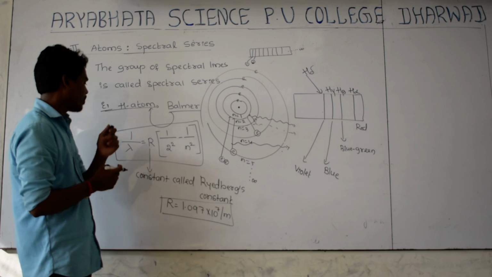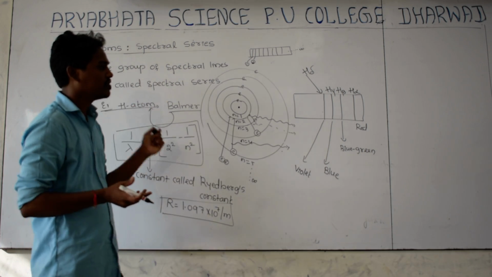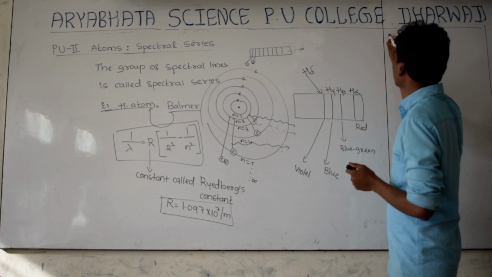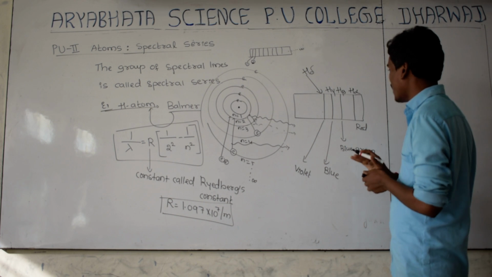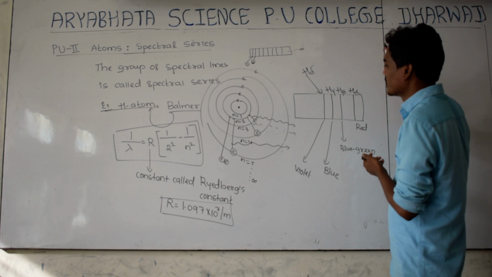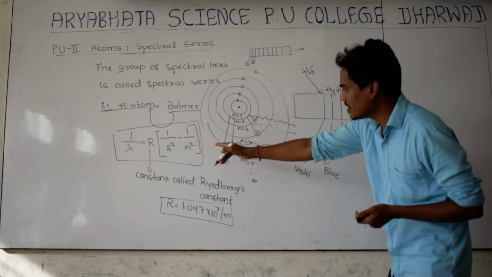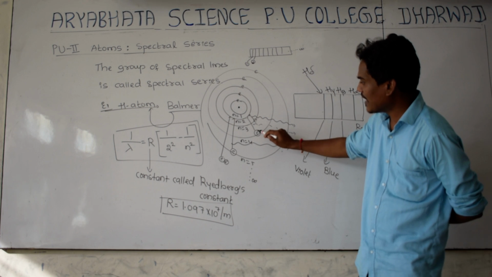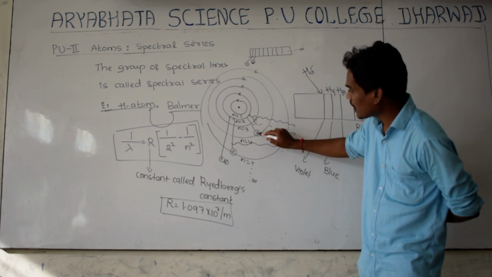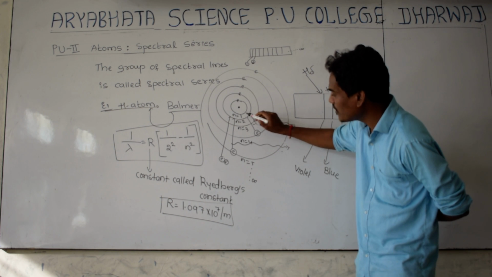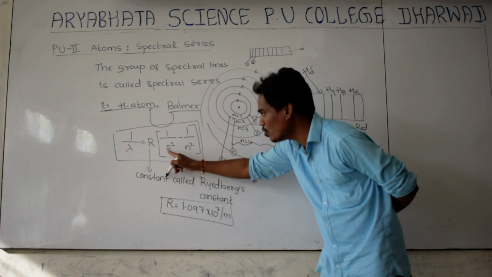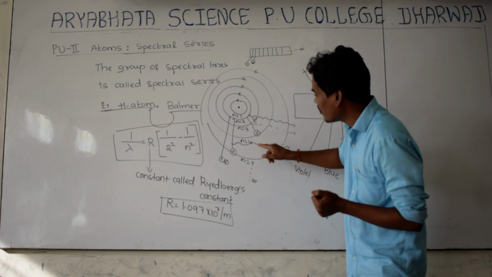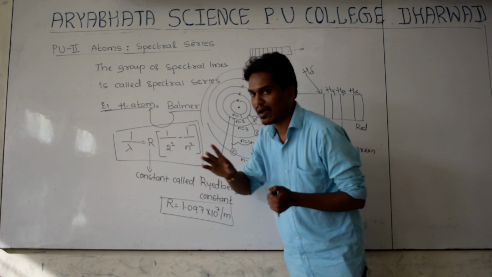And Balmer found out the values. First, he took H alpha, the red line, using this formula. Whenever the electron is jumping from the third orbit to the second orbit, take n1 equal to 2 and n2 equal to 3, and find out the value of lambda.